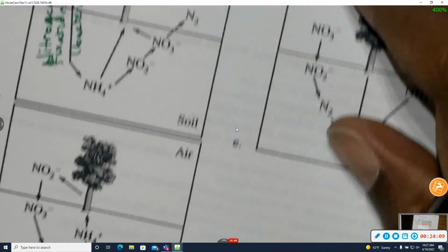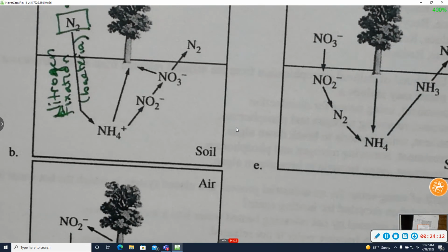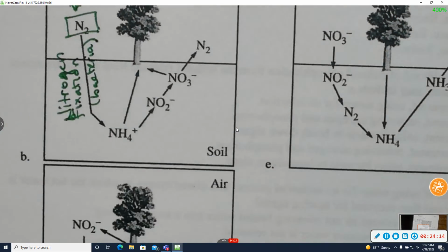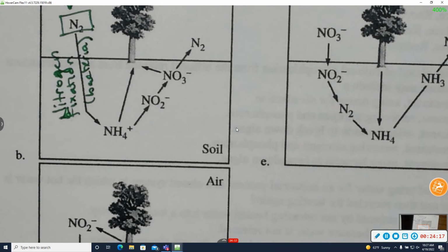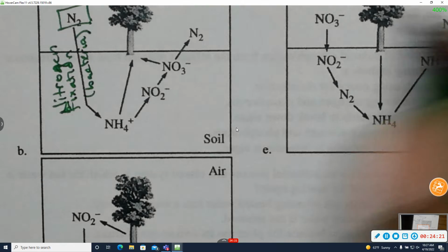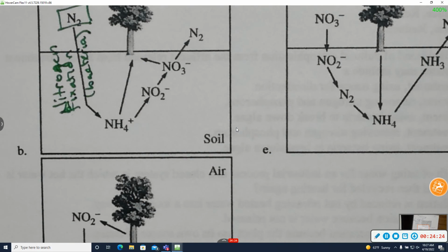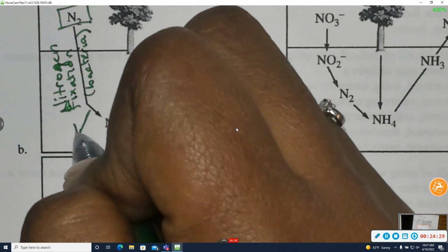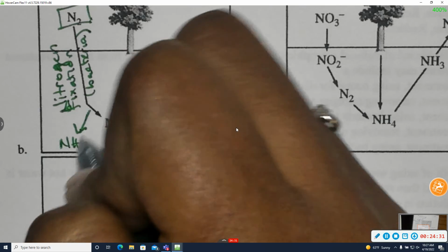This part is nitrogen fixation. It can be fixed by bacteria, or by lightning, or by us making fertilizers. Bacteria is the biotic way it can be fixed. Lightning and us making fertilizers would be the abiotic ways of doing it. It gets fixed to ammonium, and it could also get fixed into ammonia.